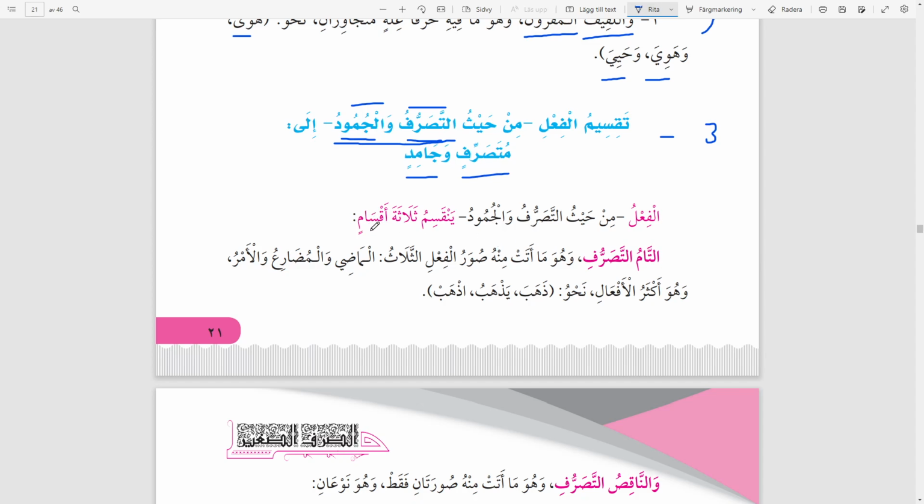And there are 3 categories. التام التصرف, the completely morphable.